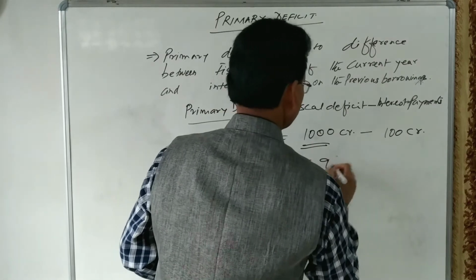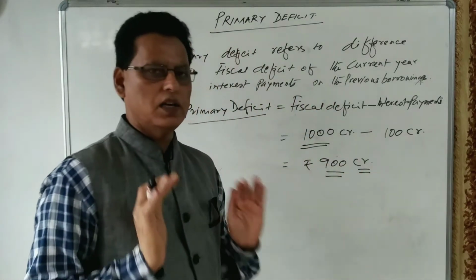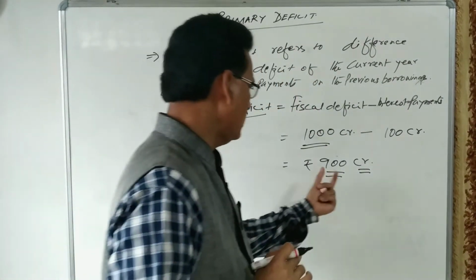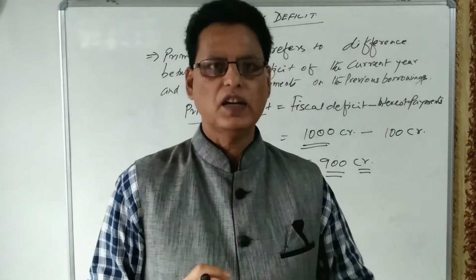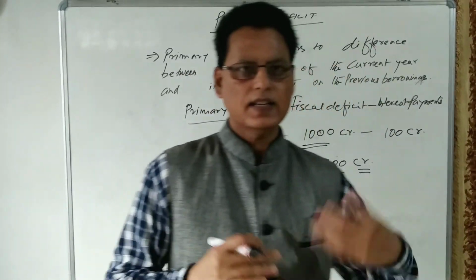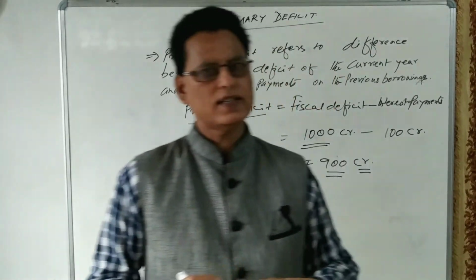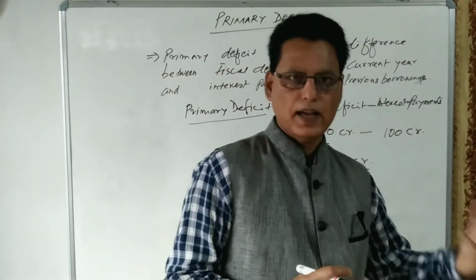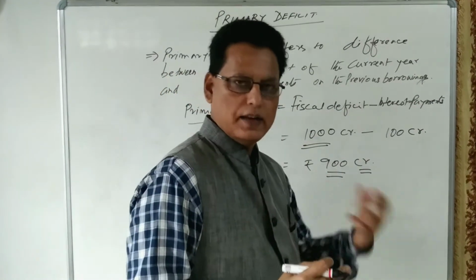The primary deficit is equal to 900 crores. This 900 crores will go for developmental purposes, for the creation of physical assets, such as construction of roads, buildings, factories, dams, flyovers, airports, helipads, etc.